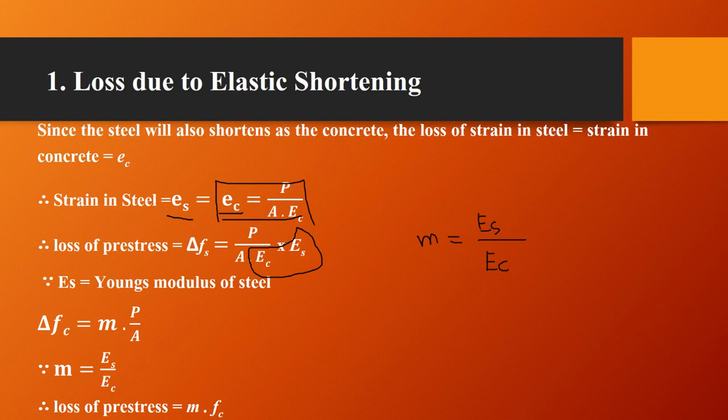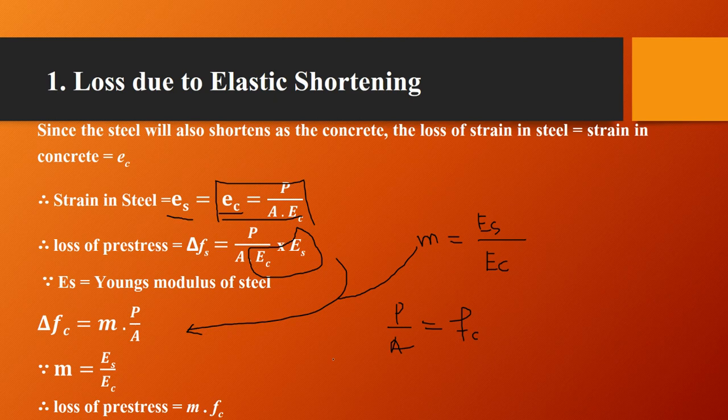So that's why we can say that the loss of pre-stress will be equal to, we just have to replace this term Es by Ec, we have to apply this here, so that will be equal to M into P by A. And we have already calculated that P by A is equal to fc, that we calculated initially.